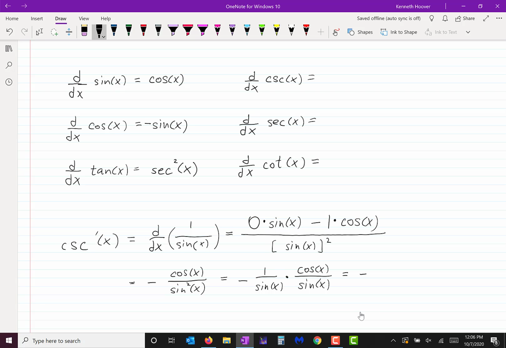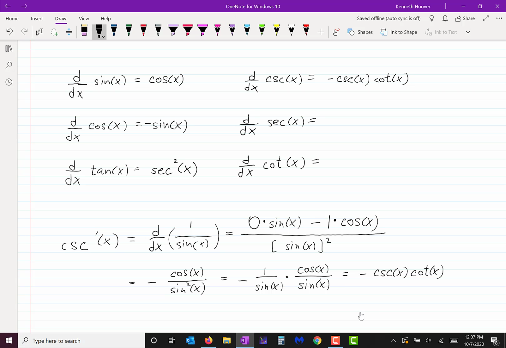I would write negative cosecant times cotangent. That's the derivative of cosecant. Okay?